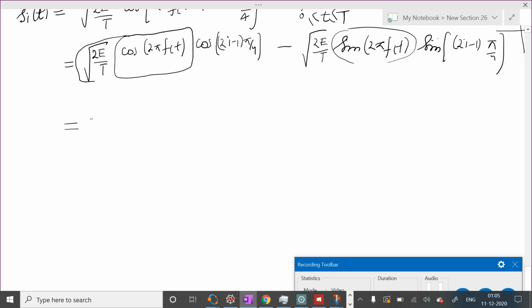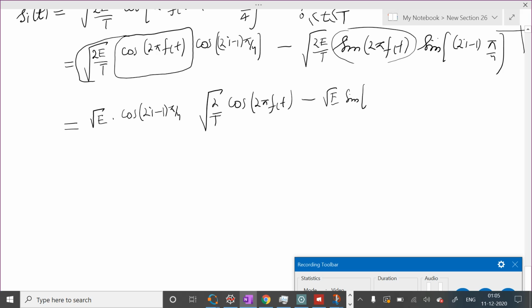So I can write root of E times cos of (2i minus 1) pi by 4, root 2 over T cos of 2 pi fct, minus root E sine of (2i minus 1) pi by 4, root 2 over T sine of 2 pi fct.